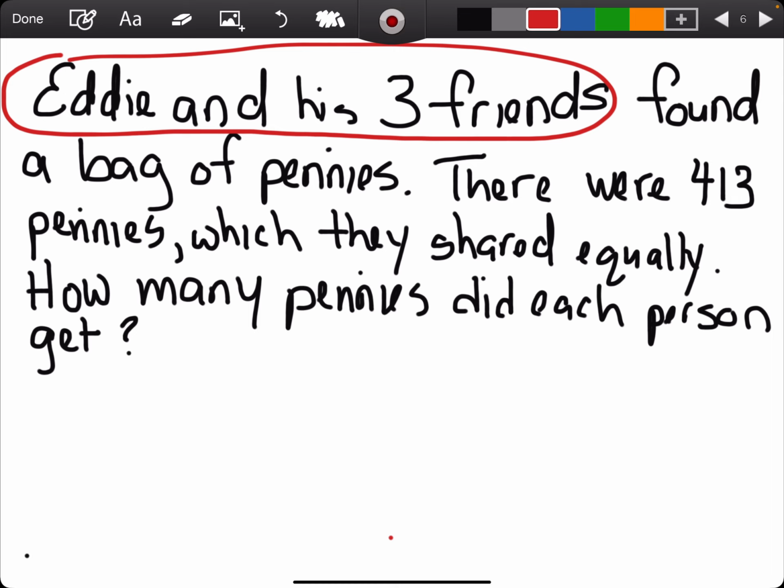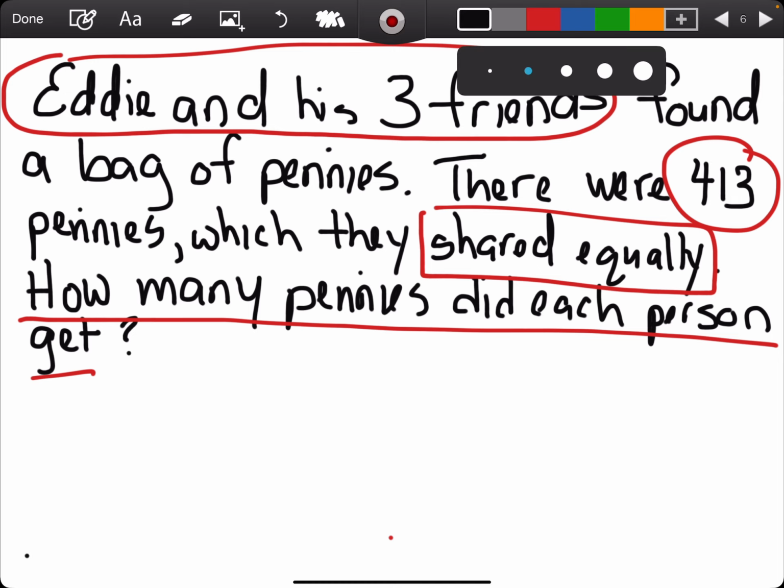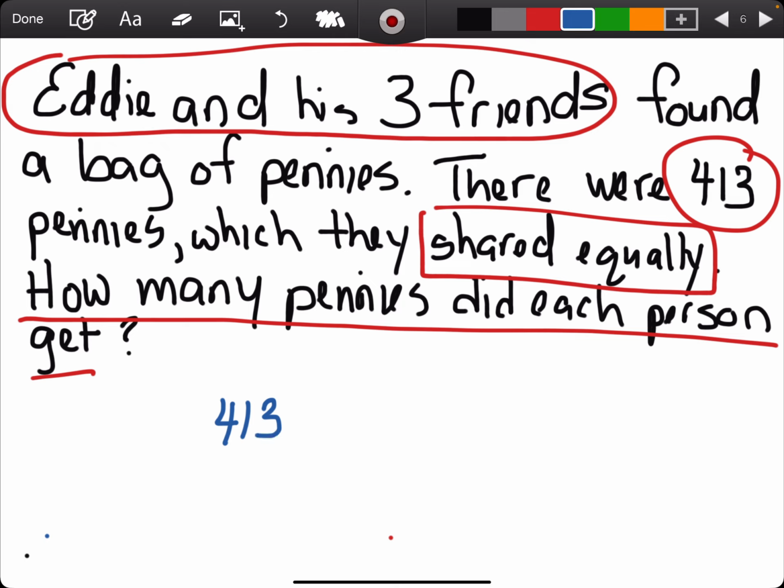They found a bag of pennies that had 413 pennies, which they shared equally. And then our question is, how many pennies did each person get? Well, here we're dividing. So we are dividing the 413 pennies divided by 4 people.